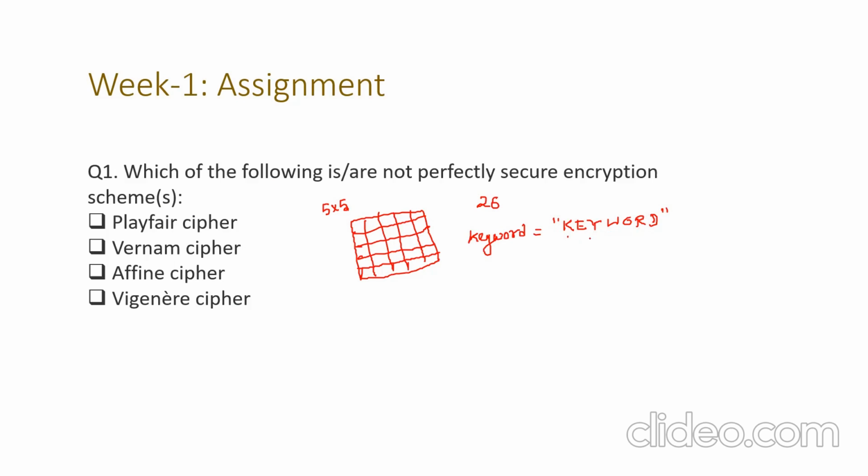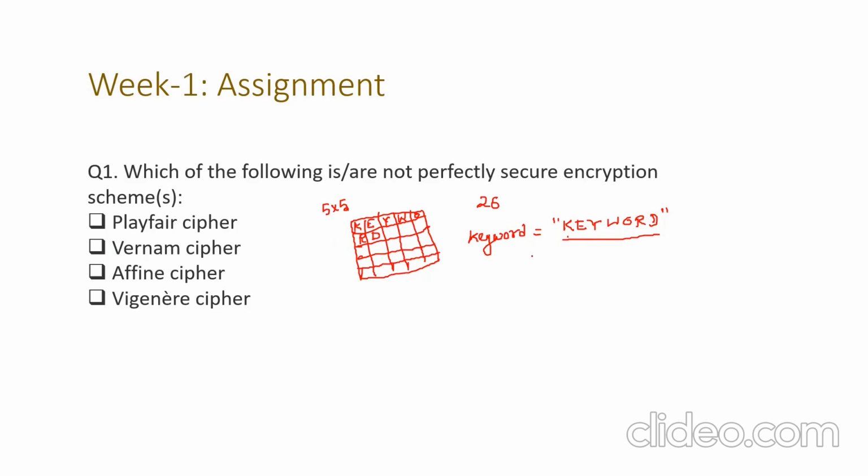If there had been a repetition, we would handle it accordingly. Here you will fill up this 5x5 box in this manner. You start filling up like this: keyword, nothing is repeated.